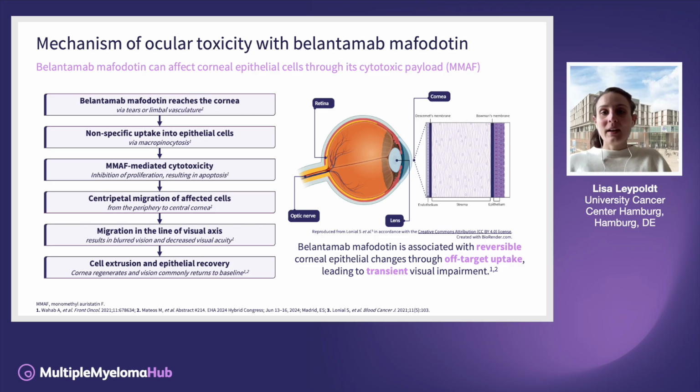If you look at the depiction of the eye on the right side of the screen, you can see that the outer layer of the eye is the cornea. That's where the damage happens. The cornea itself has several layers, and its outer layer is the epithelium, made from epithelial cells.